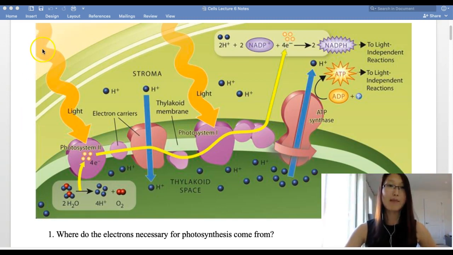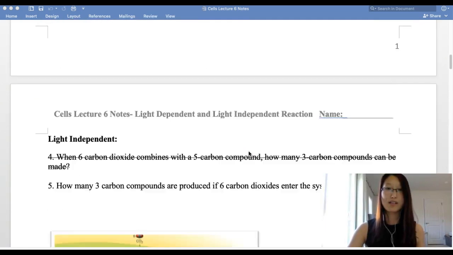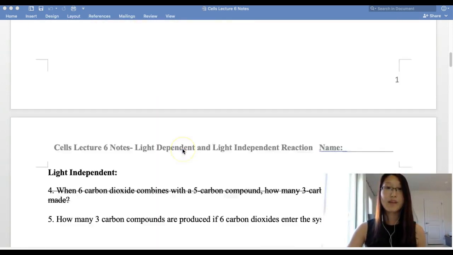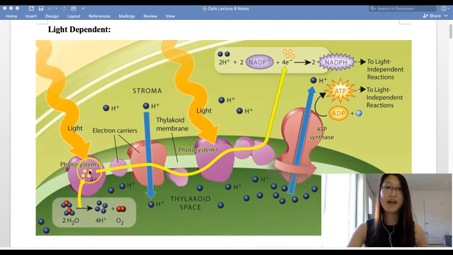So the first thing that happens during the light-dependent reaction: again, you need to know that this process happens on the thylakoid membrane inside of the chloroplast. So this entire organelle is the chloroplast, and these are the thylakoids. And the light-dependent reaction happens on the thylakoid membrane. So the first step is light comes into photosystem 2.